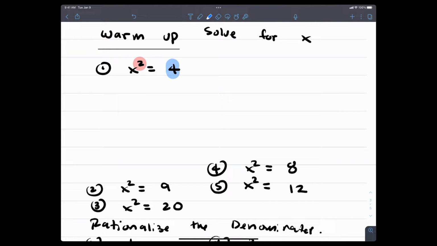Because you're going to have two solutions. How do you know you're going to have two solutions? You see the power is 2? That means you have two solutions here, ladies and gentlemen. The power tells you the number of solutions.